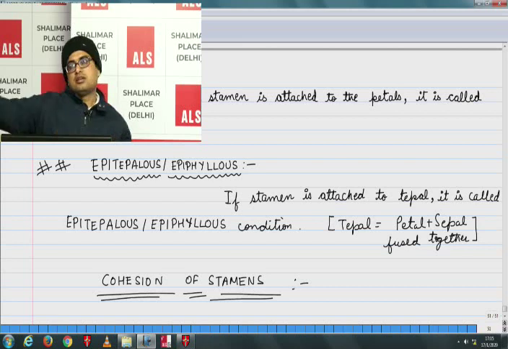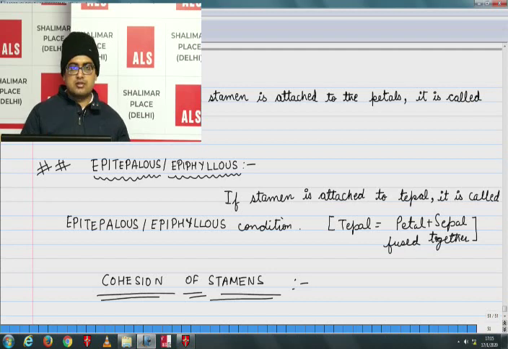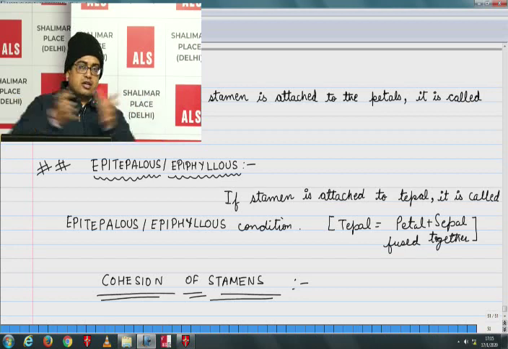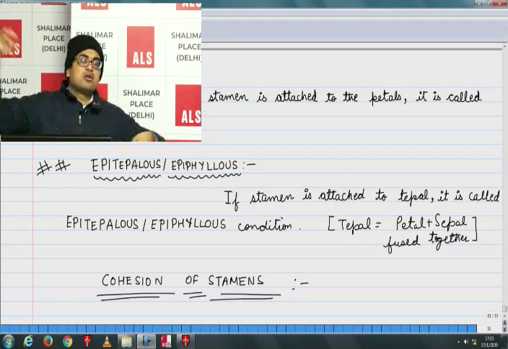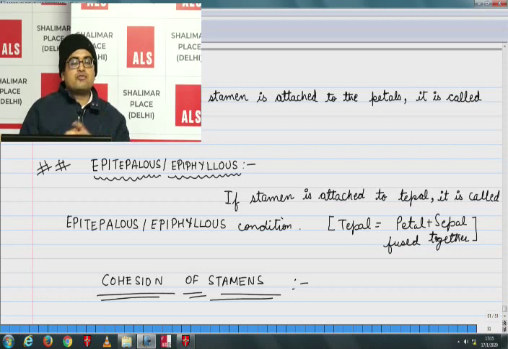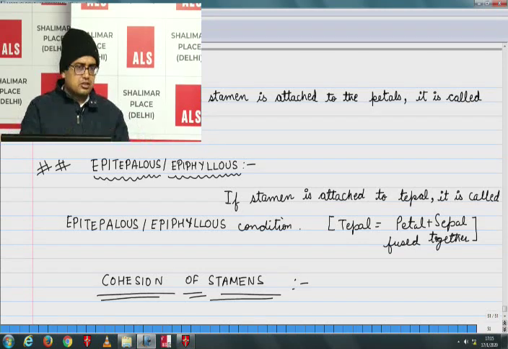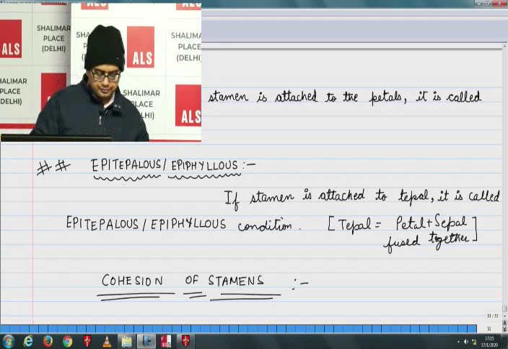Between water and cellulose, for example, it is adhesion. So if we are talking about cohesion of stamens, then that means if the stamens are attracted to each other, they will form a single group, what will you call it? If stamens are formed into multiple groups, what are the terms related to that? We have to study it.